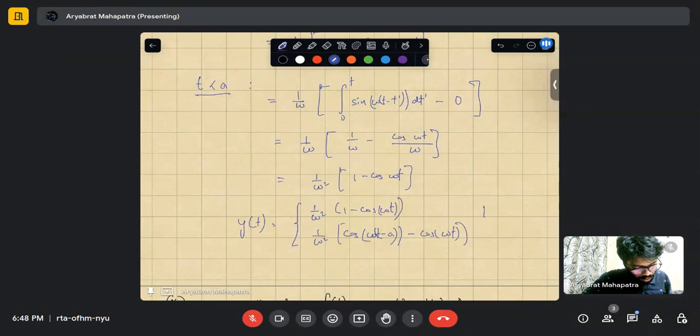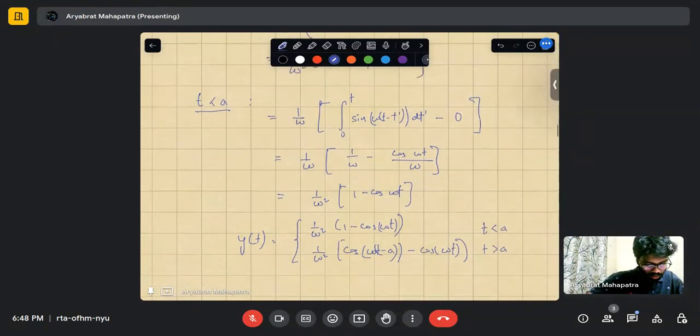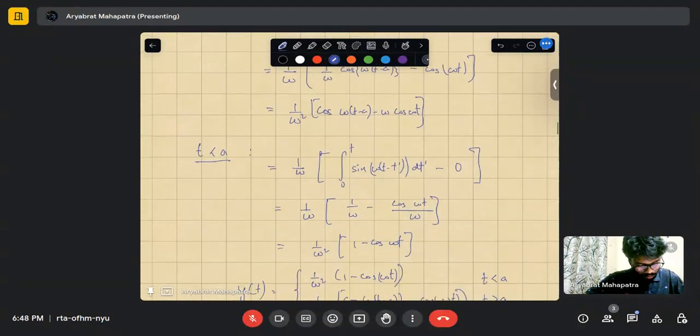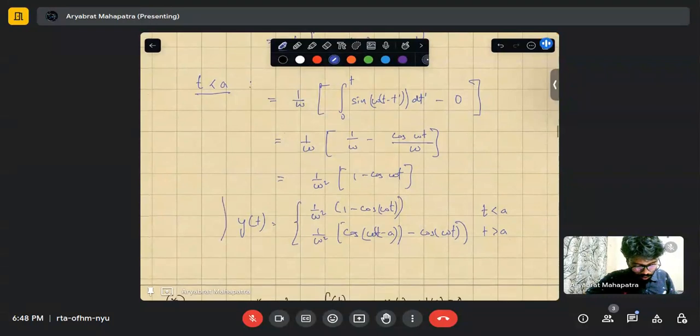The first is for t less than a, and the second is for t greater than a. So this is what the final form of your solution would be.